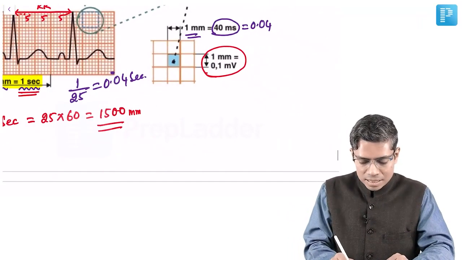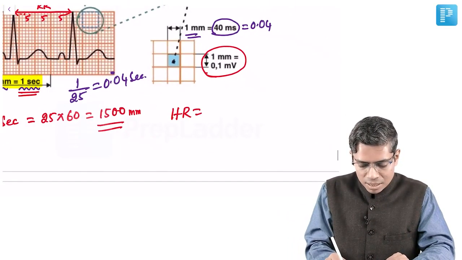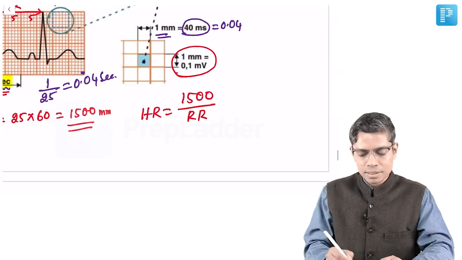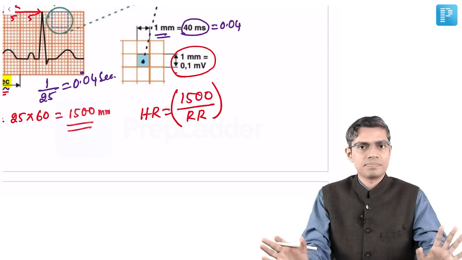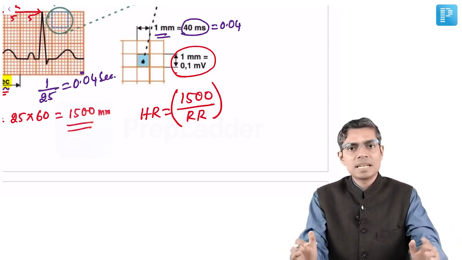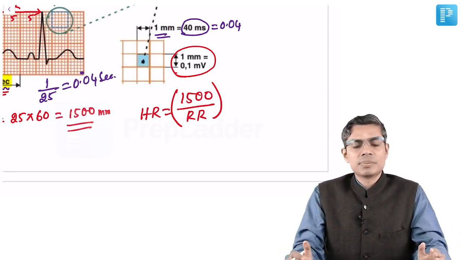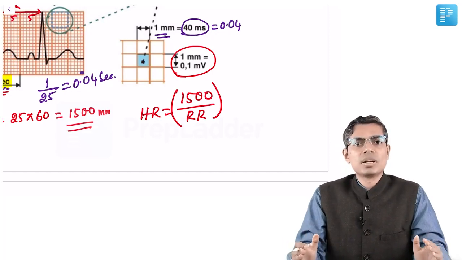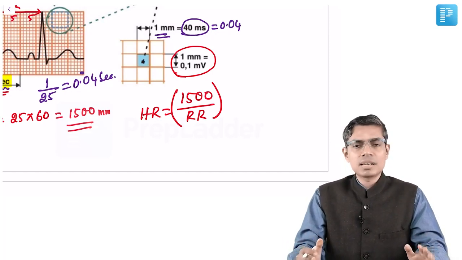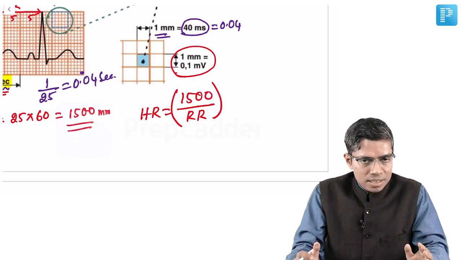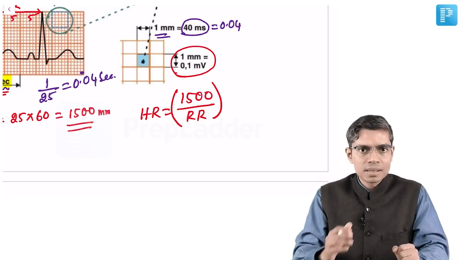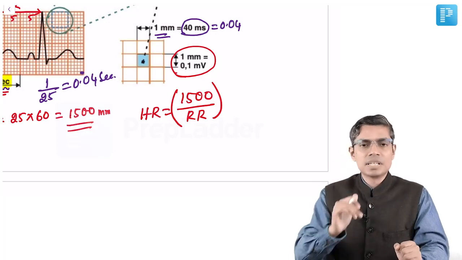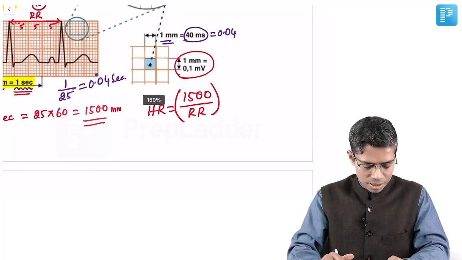So just dividing 1500 by this RR interval will give you the heart rate of the person. Very simple. Where is 1500 coming from? It is the movement of the chart paper in 1 minute, and within that minute I want to calculate how many QRS complexes appear. So divide 1500 by the RR interval, that is your heart rate.